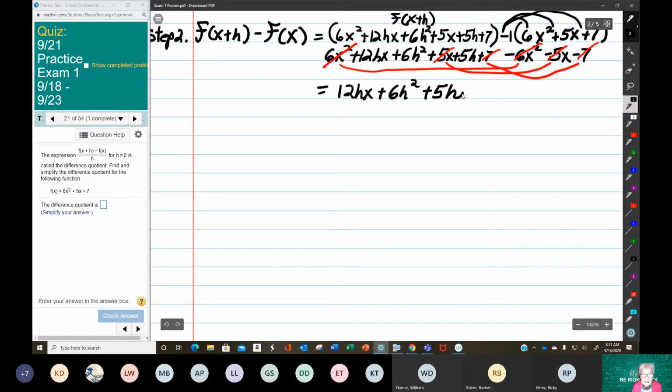And that is what f of x plus h minus f of x looks like.